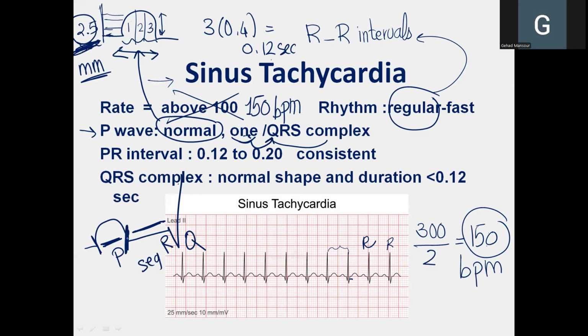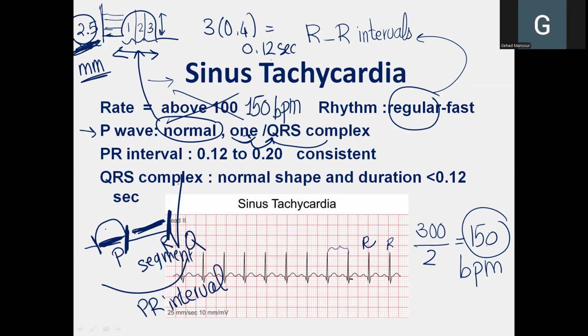From the end of the P wave to the beginning of the Q wave, this is the PR segment. If you add to the PR segment the duration of the P wave, then all this is the PR interval. You can give it in squares.